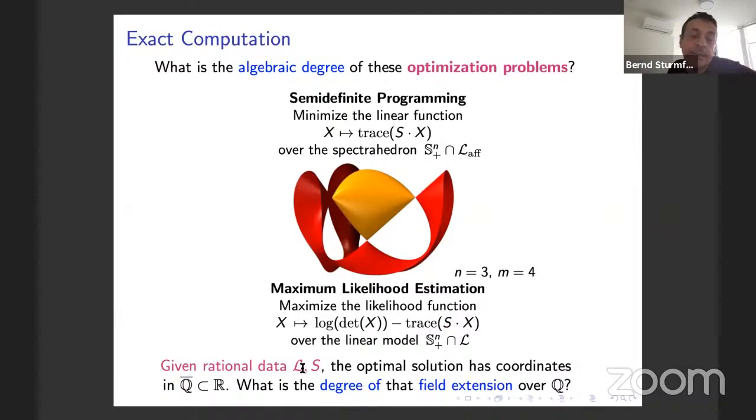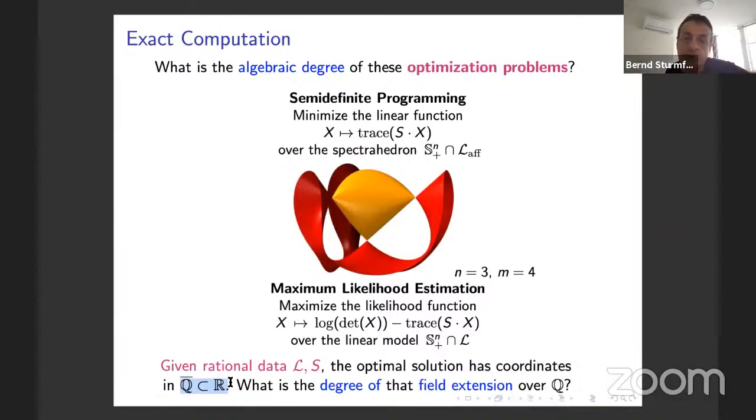So the data is the model. L is the model, the linear space. S is the matrix, the sample covariance matrix. Then the optimal solution has coordinates in Q bar, the field of algebraic numbers. And such an algebraic number has a degree over Q. And we could ask, what is the algebraic degree of this field extension?